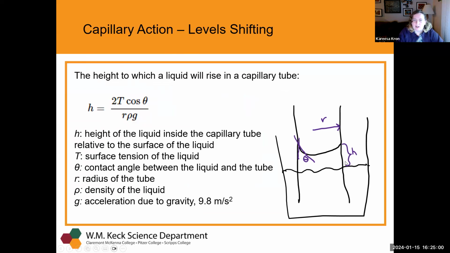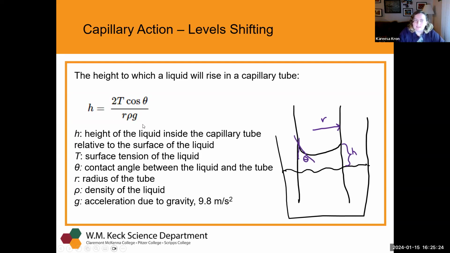The change in height that we can see in a capillary is related to the surface tension of the liquid, the contact angle between the liquid and the glass or the material it's trying to climb, how wide our tube is, how dense our liquid is, or how heavy it is as it climbs up, and gravity.